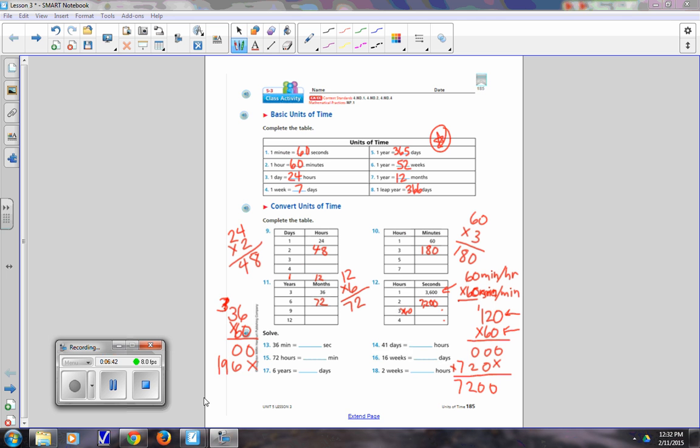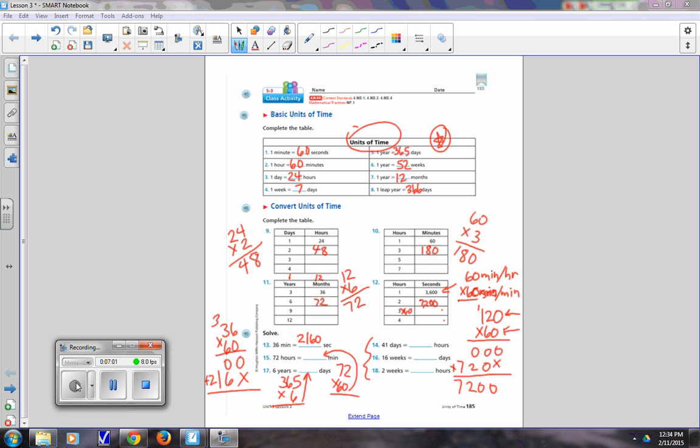No. Okay, so I was multiplying wrong. 36 minutes, and there's 60 seconds in each one of those minutes. So I have to multiply that, and I get 2,160 seconds.